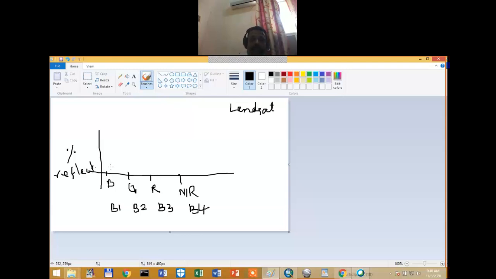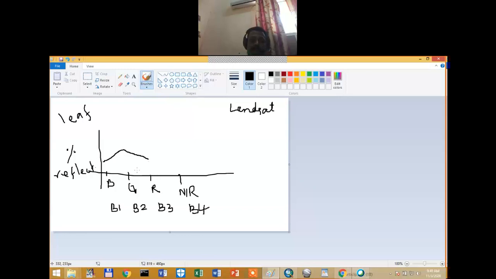So what happens normally in the blue band in case of a leaf? Do you remember my slide? In the blue band, we don't have a very high spectral reflectance. But towards the green, this reflectance goes up, and towards the red, it goes down.